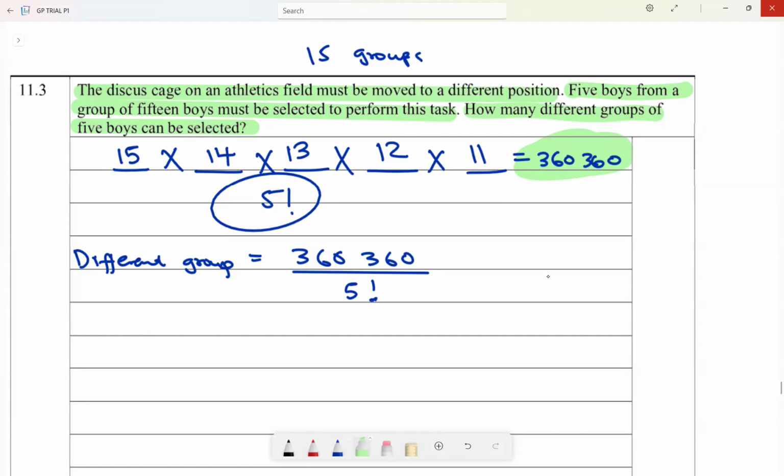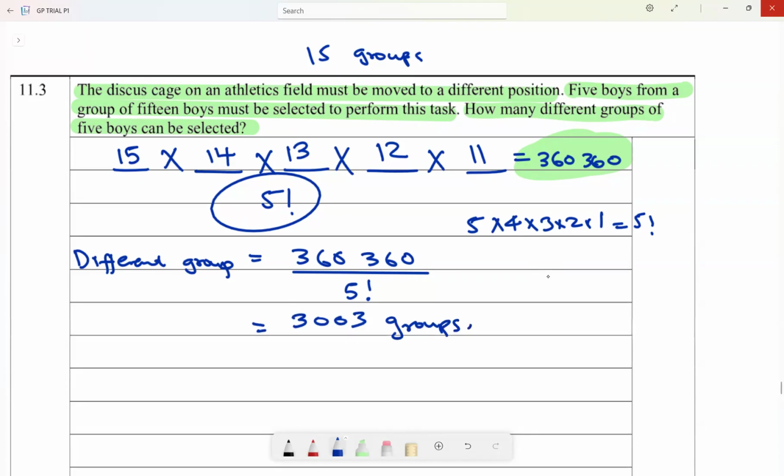And then we need to divide by those 5 boys that can be arranged in any way. The reason I'm not dividing by only 5 is because these boys can be arranged in anyhow: first boy, second boy, third boy, fourth boy, the fifth boy. This gives me 5 factorial. So let me see, 360 divided by 5 factorial gives me that the possible different groups is 303. So there are 303 groups.